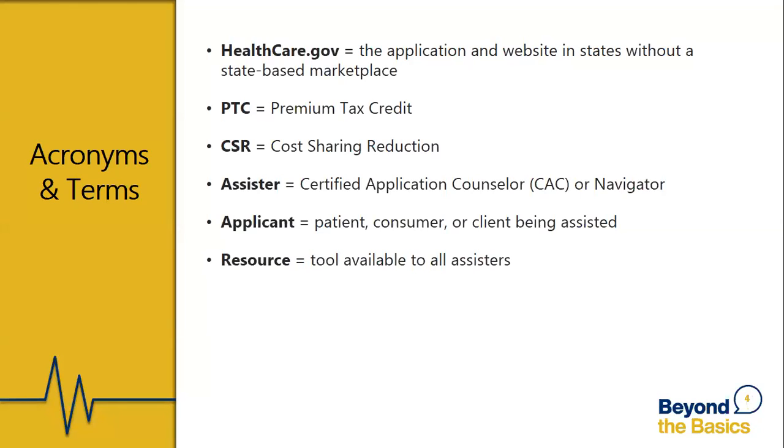And applicant is kind of the general terminology that I may use to refer to a patient, a consumer, or just the client who is being assisted. And then finally, resource is generally going to be terminology utilized to describe a tool. And any tool that I'm mentioning in this presentation is one that you are all absolutely welcome to make use of.